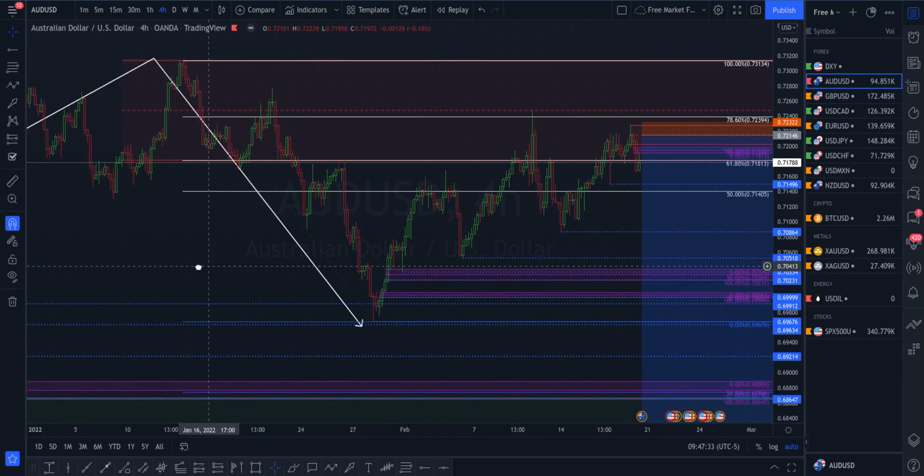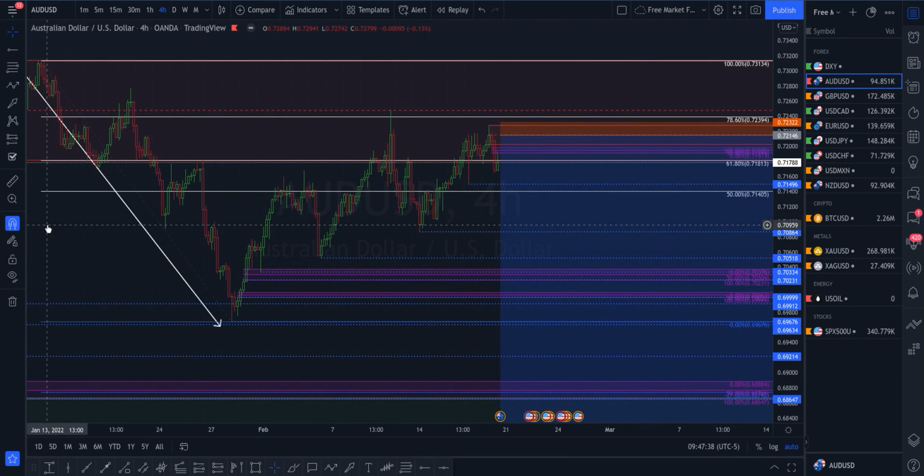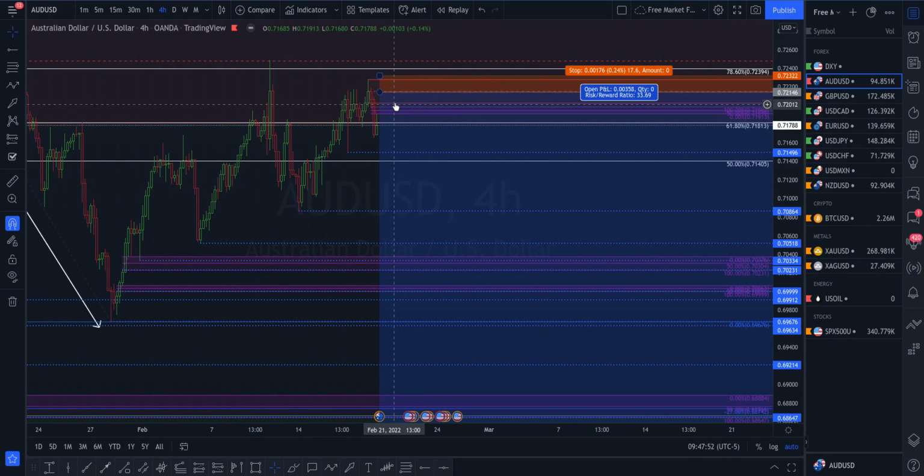All right, so there you have it, guys. This is the analysis for the Australian dollar. Again, our institutional bias is bearish here. We are sitting in institutional supply, right here. We've taken a look at this 4-hour demand that has not been mitigated.